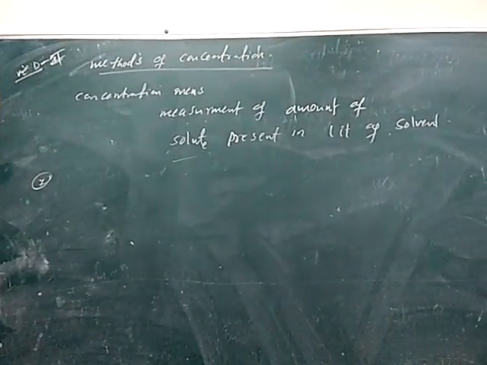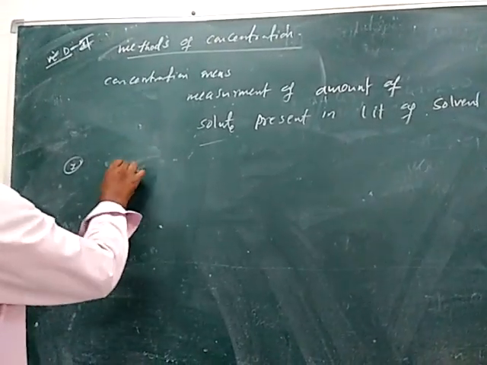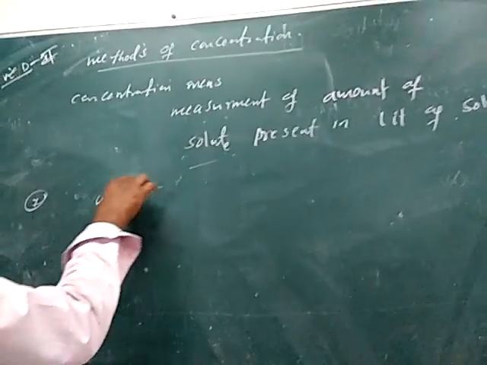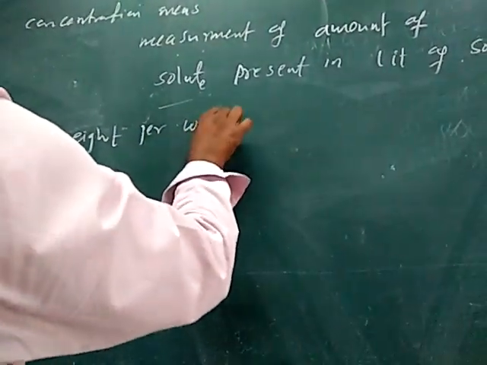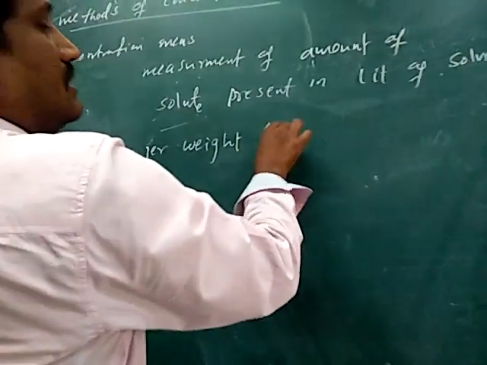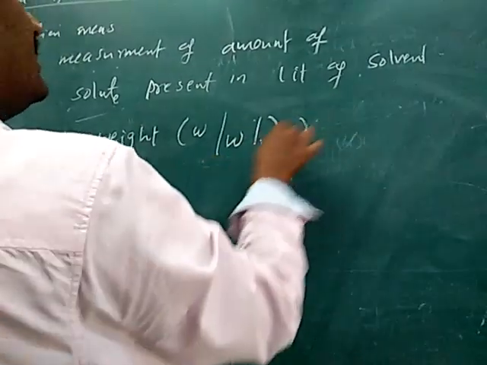First one, weight per weight ratio, W by W percentage ratio, weight per weight percent.